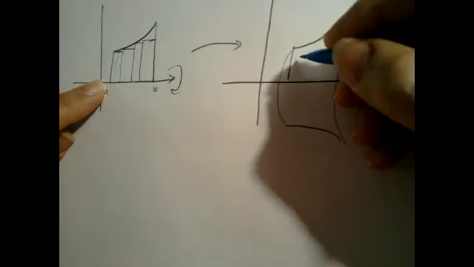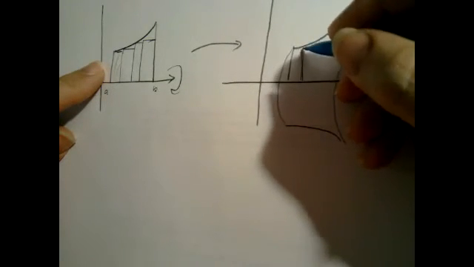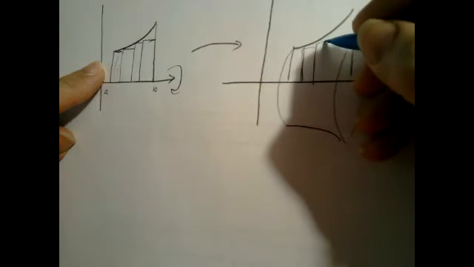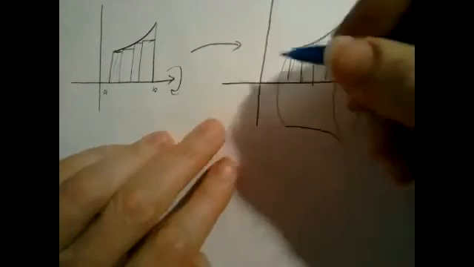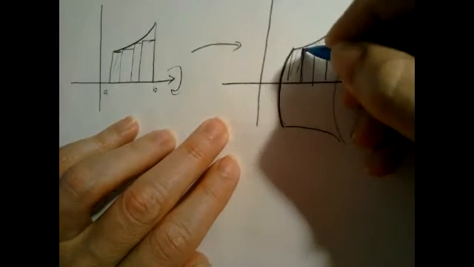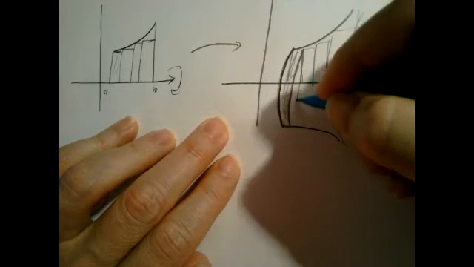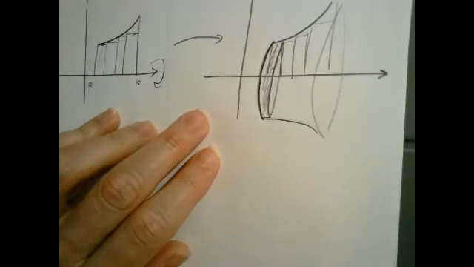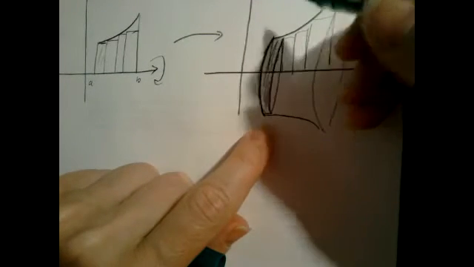So let's see how the picture is going to look. So this is the rectangle. I'm going to rotate them here. I rotate the first one. When I rotate the first one, I'm going to get my first disk. I get this disk. And then I'm going to rotate this rectangle.